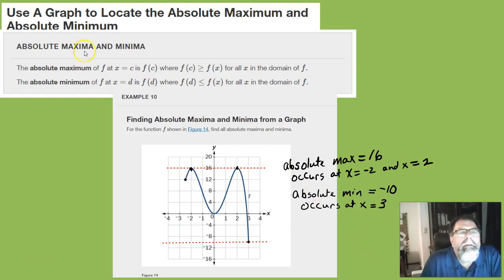Oh, and by the way, minimum is singular, and maxima, that's plural, right? So maxima is plural for maximum. Maximum would be singular. So this one has one absolute maximum that occurs at 2 different spots.